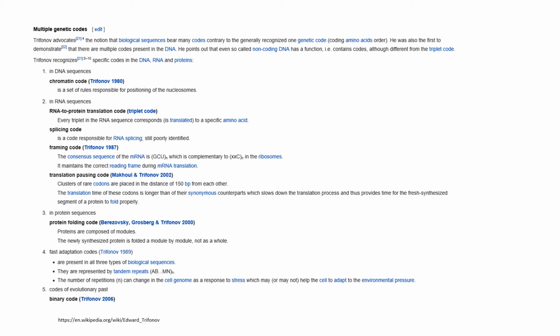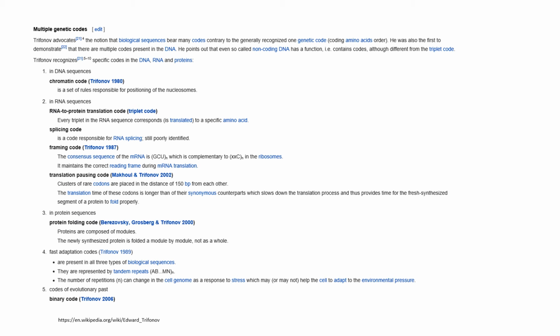Then the framing code that we just finished talking about, that basically where do we begin and where do we end, where is the reading frame, and a subpart of that is the notion of alternative reading frames that are sometimes overlapping.